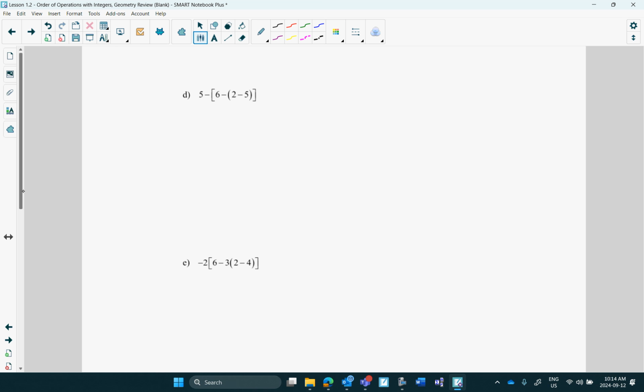Now we got some brackets going on. You will notice, if you've got a question with parentheses and brackets, the parentheses will always be inside the brackets. You should never ever see a question that looks like this.